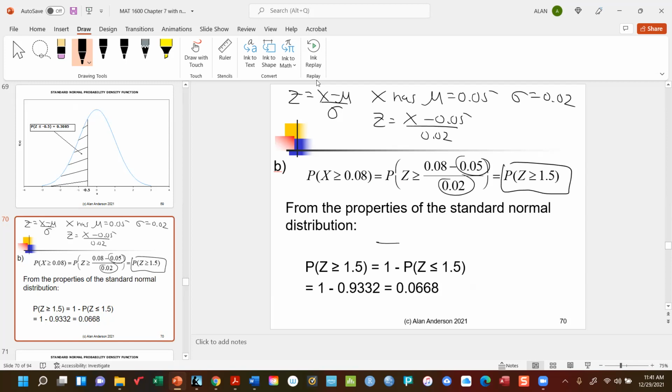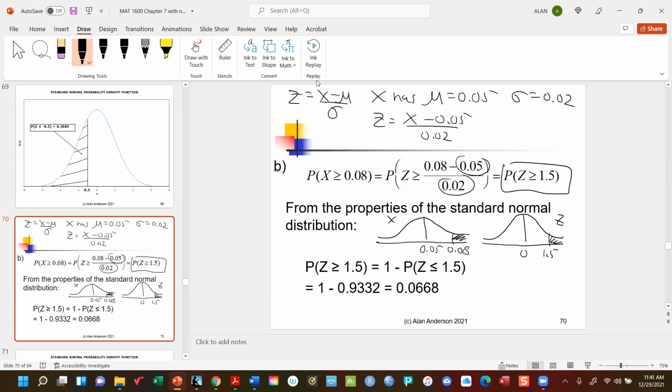All right, so let's see if I can sneak it in here. Everything above 0.08 in the X distribution is equivalent to everything above 1.5 in the standard normal distribution.